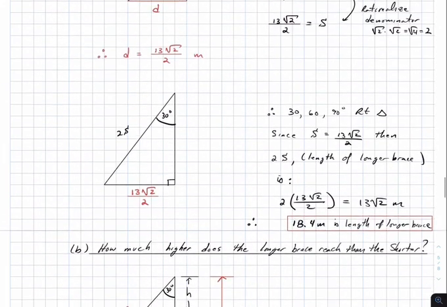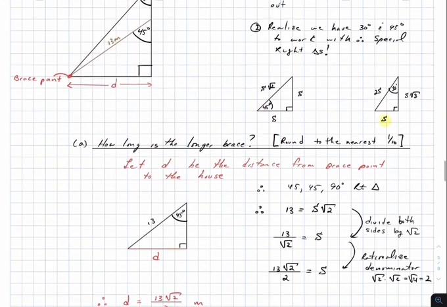Why? Well, let's review for a second. The side that's opposite the 30-degree angle is always S. The side that's always opposite the 60-degree angle is given by the expression S square root of 3.